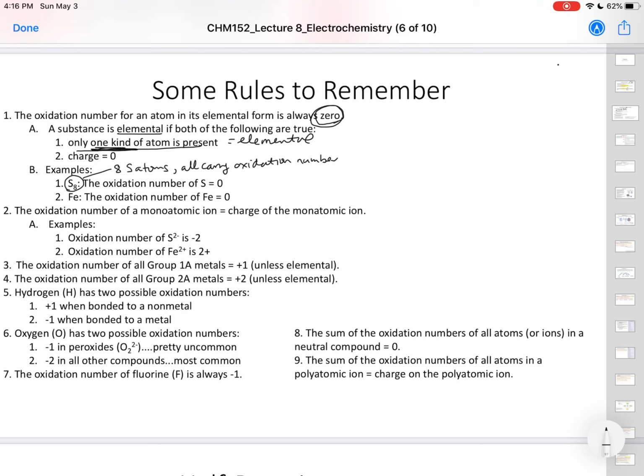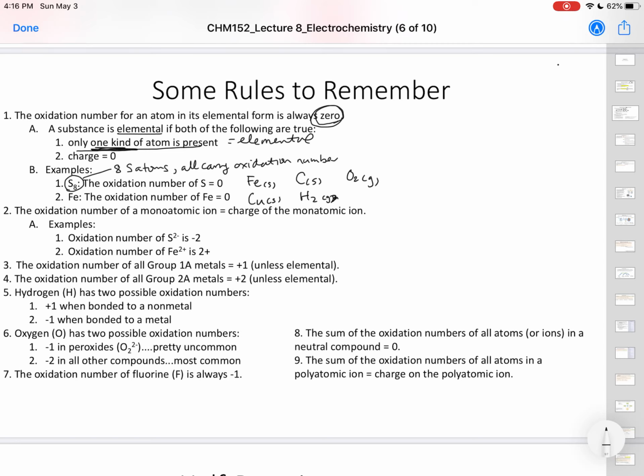Oftentimes we'll write things like iron solid, or carbon solid, copper solid, H2 gas, oxygen gas.